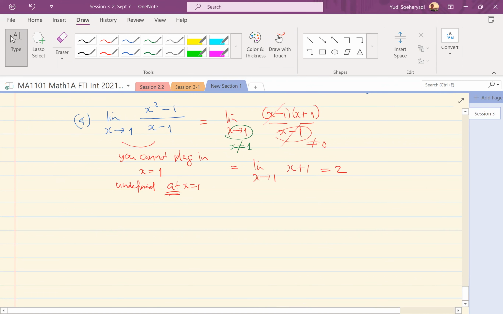So as long as you can plug in the number, then you're okay. So that's the computation of limit.